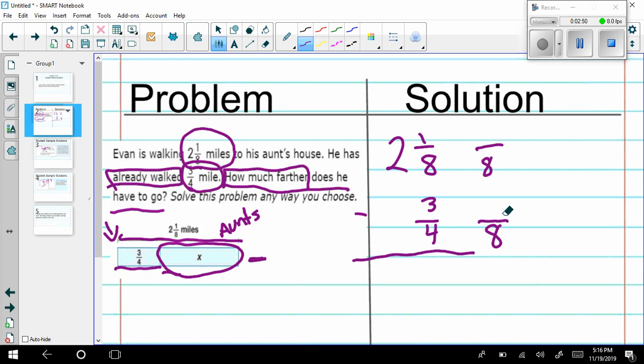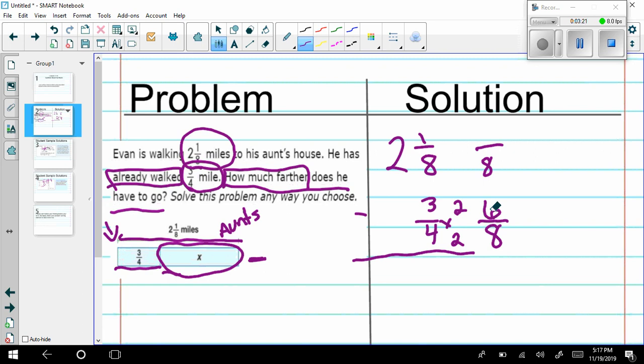To find the equivalent fraction of 3/4 in eighths, I need to multiply my denominator by 2 to get 8. 4 times 2 equals 8. Because I multiplied my denominator by 2 to get 8, I need to multiply my numerator by 2 to get 6. 3 times 2 is 6.